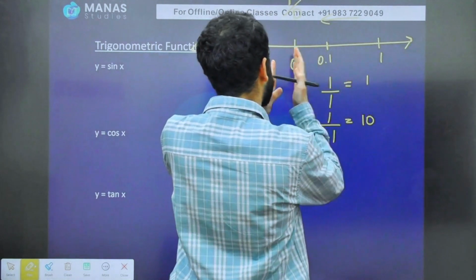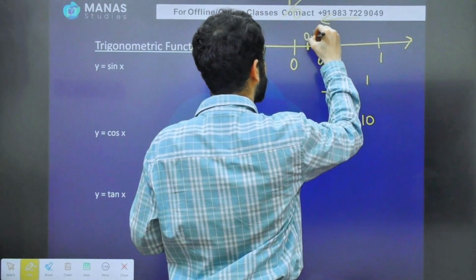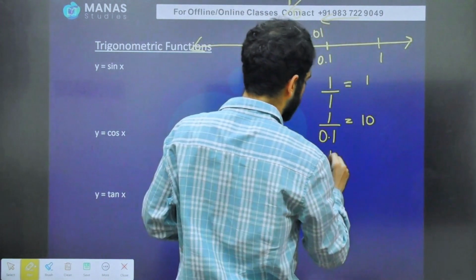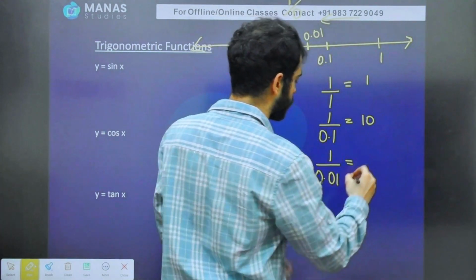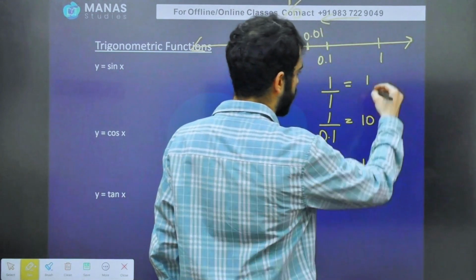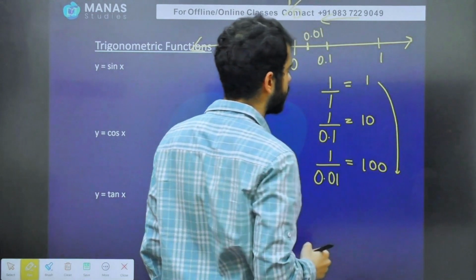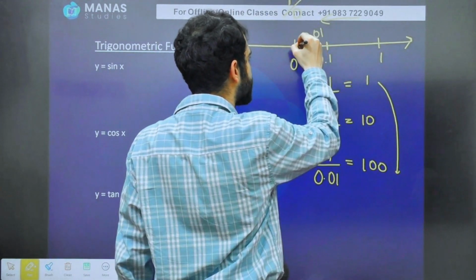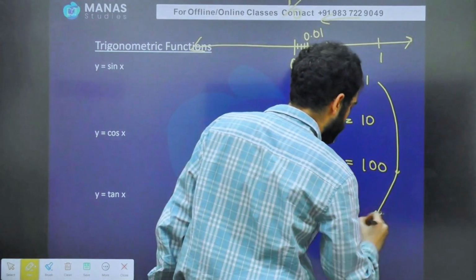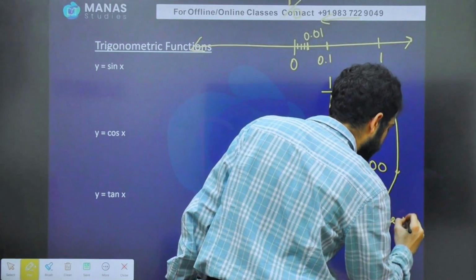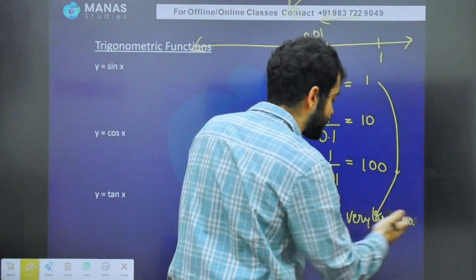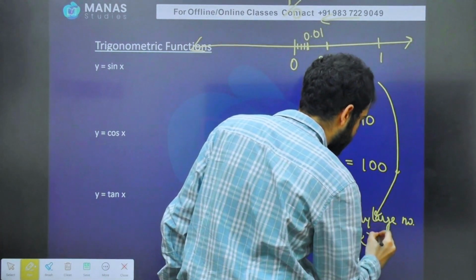Now I'm going to take a step closer. Another number closer to 0 will be 0.01. So now I'm going to divide 1 by 0.01 and the result would be 100. Now as you can see, this number is constantly increasing. So the closer I step to 0, this number moves towards a very large number. And this concept of a very large number is denoted by the symbol infinity.